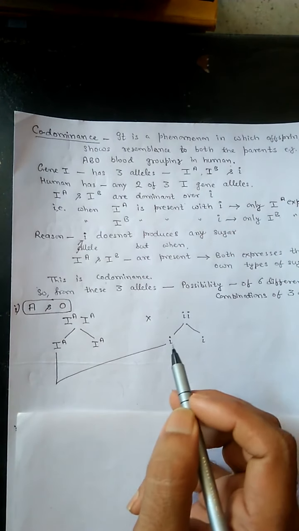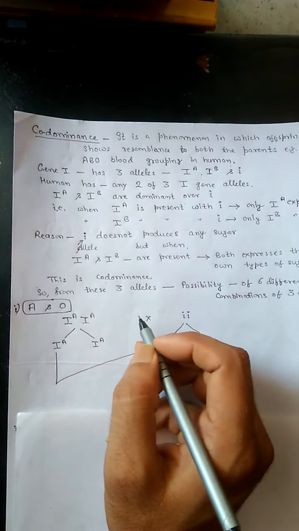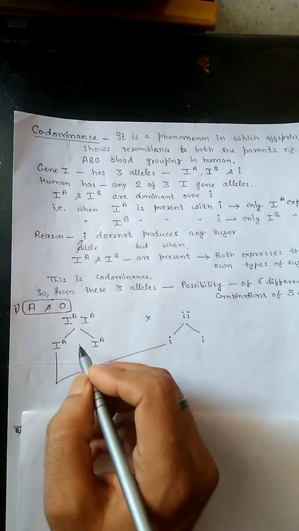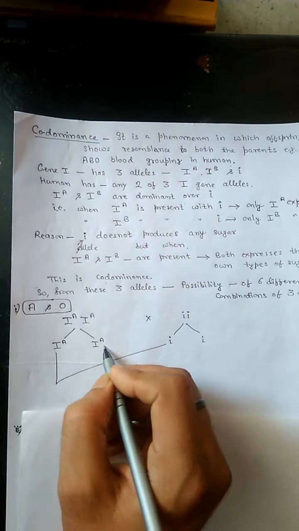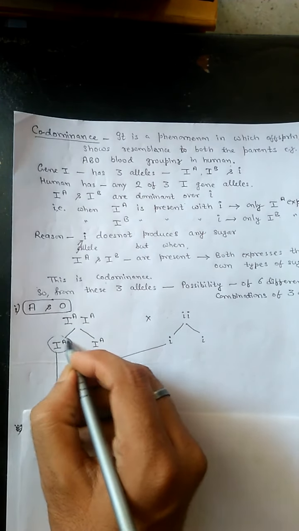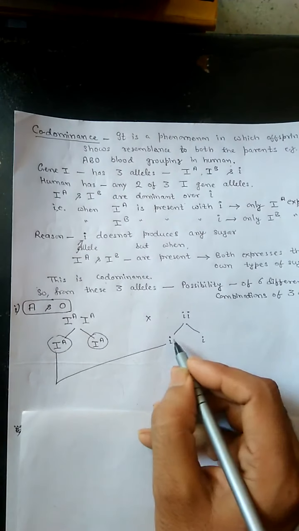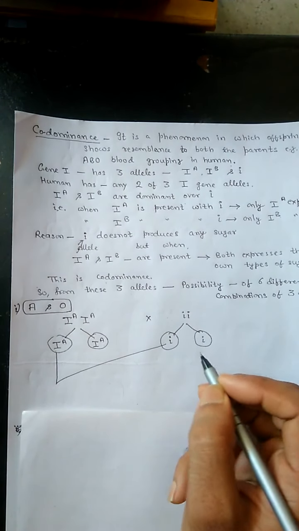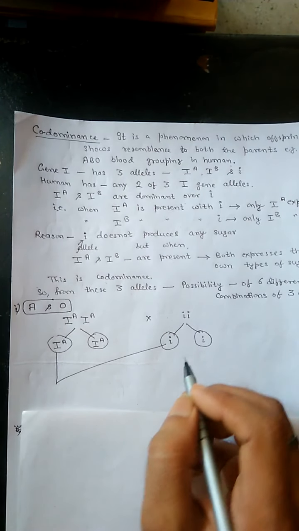So during gamete formation, in IAIA the IA gametes will separate, and the i gametes will also separate.